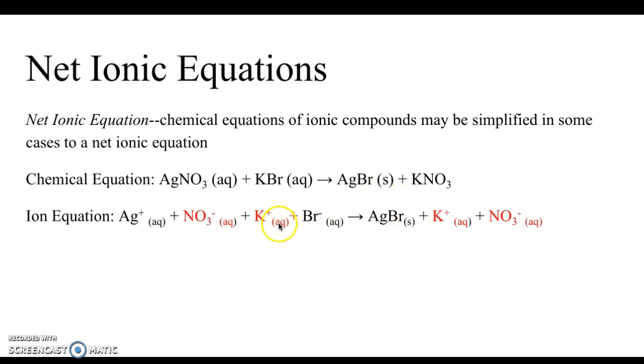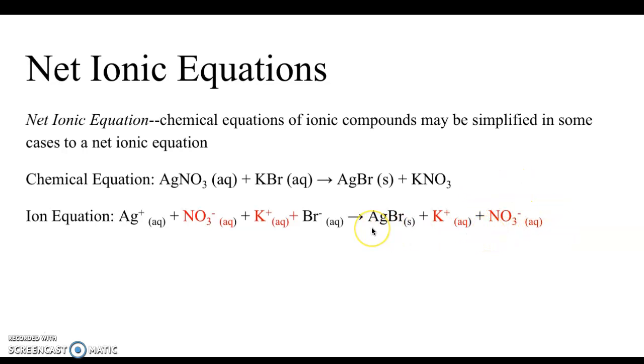So we can write that as K+ and Br-, their corresponding ions. Silver bromide is a non-electrolyte. It does not dissolve in water, so it will remain a solid and precipitate out of solution. Potassium nitrate is aqueous and will completely dissolve into its ions and remain ions in solution.